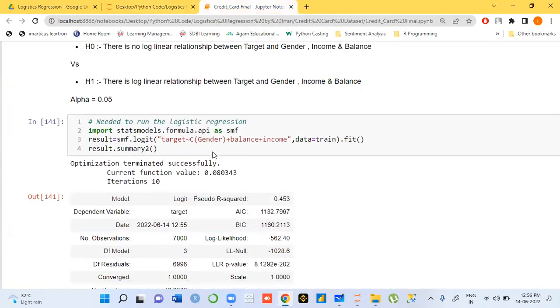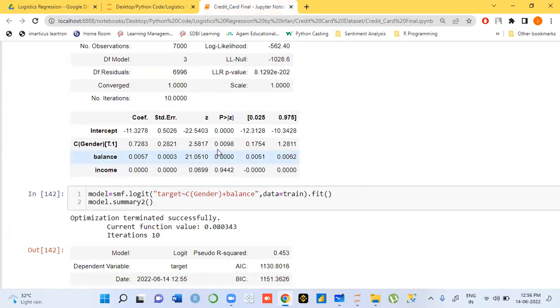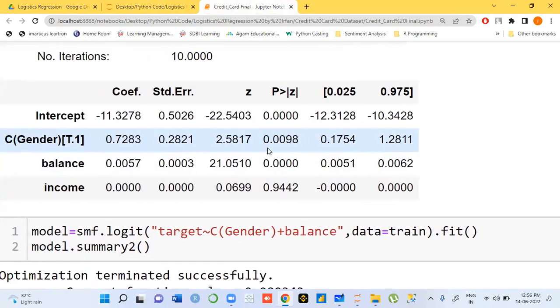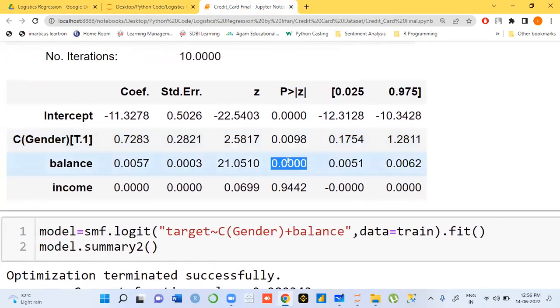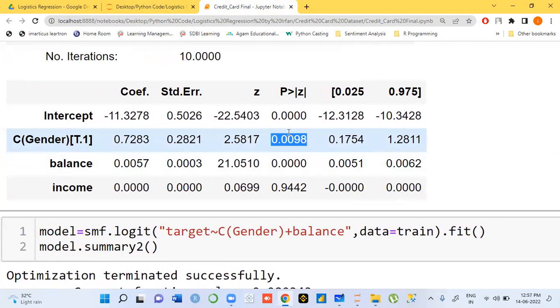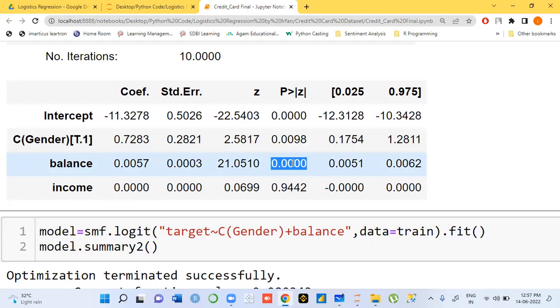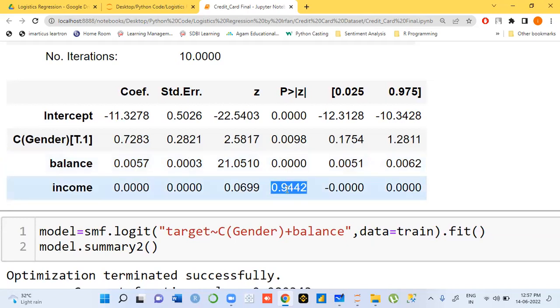Okay. Now looking at this, guys, tell me the p values, how much for gender? Less than alpha. Balance, less than alpha. For income, if any p value is greater than alpha, what do we do?